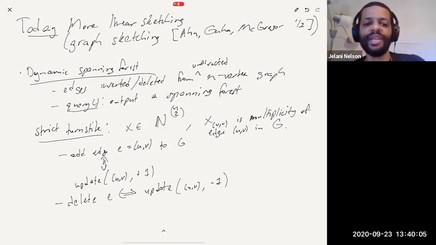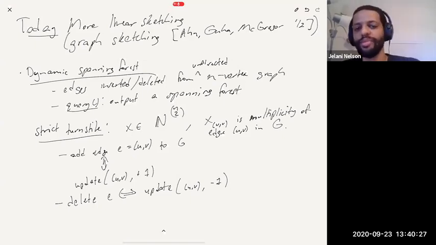Now, a spanning tree has n-1 edges. A spanning forest has n-k edges, where k is the number of connected components. But in any case, it's at most n. So you can just store all the edges in the spanning forest itself. You're going to store at most n-k edges, which is at most n. Each one is log of n squared bits, since you have to remember both endpoints. Log of n squared is the same thing as 2 log n.